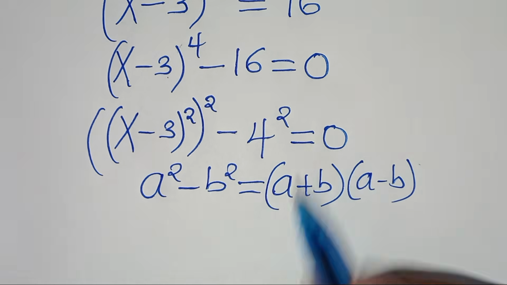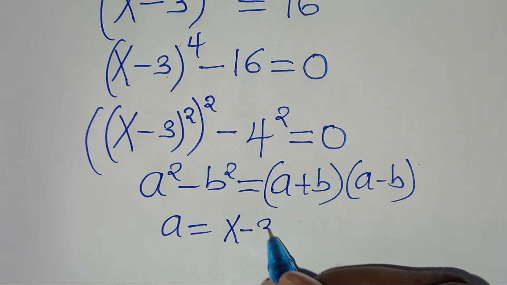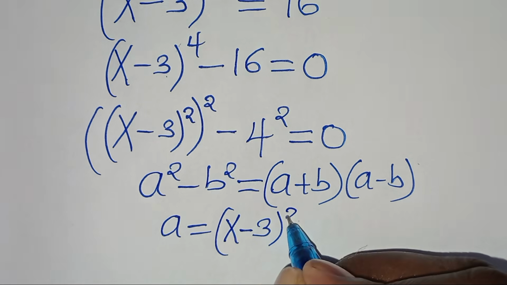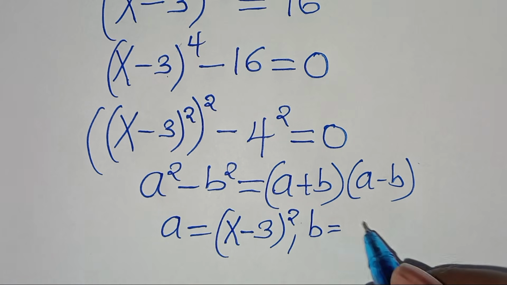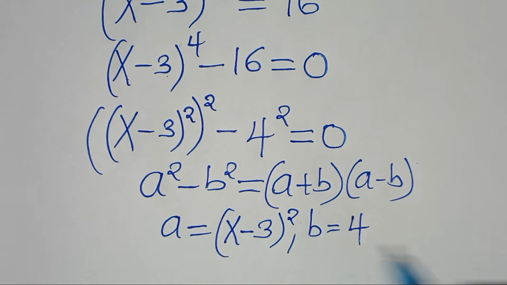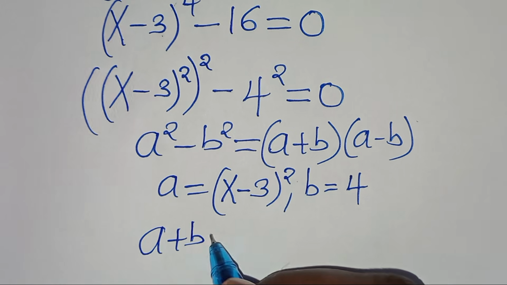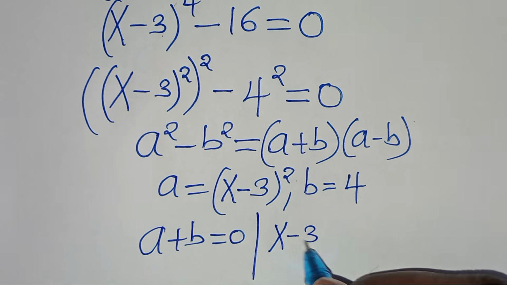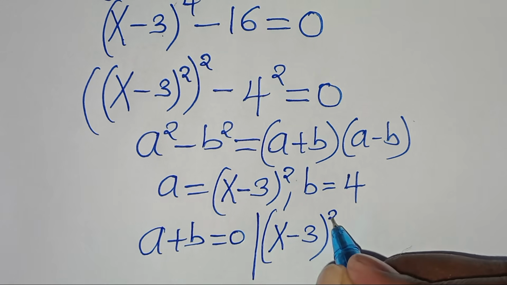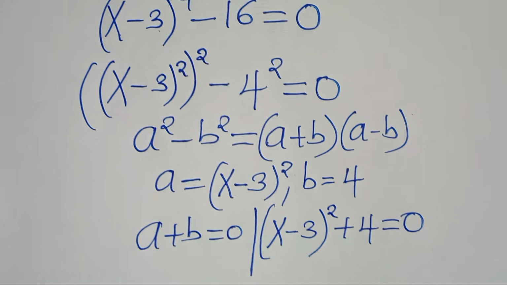From this equation, we have a equal to (x minus 3) raised to the power of 2, and b equal to 4. So this means that a plus b equals 0, the same thing as (x minus 3) raised to the power of 2, plus 4, equal to 0.